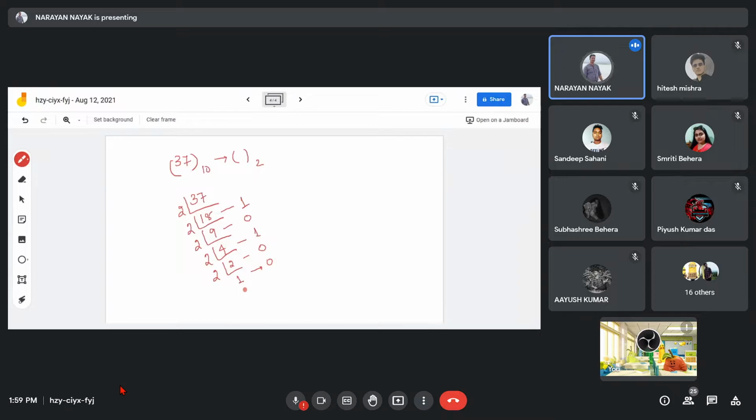Then you have to consider from the last to the first, so you write 1 first, then 0, 0, 1, 0, 1. This is your answer. Clear? Understood?